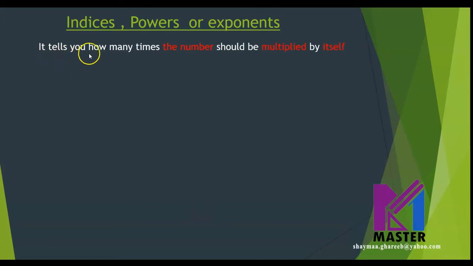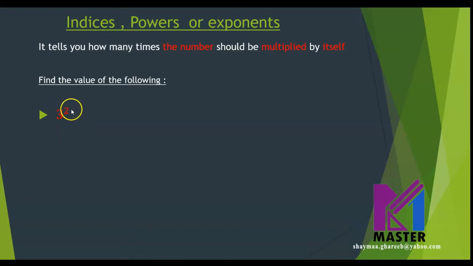Now let's see what this means. We said it tells you how many times the number should be multiplied by itself. So if I say 3 squared or 3 to the power of 2, it means the 3 is multiplied by itself 2 times.